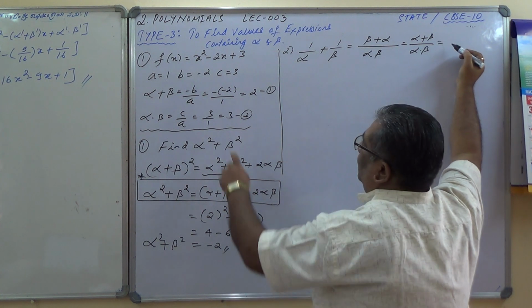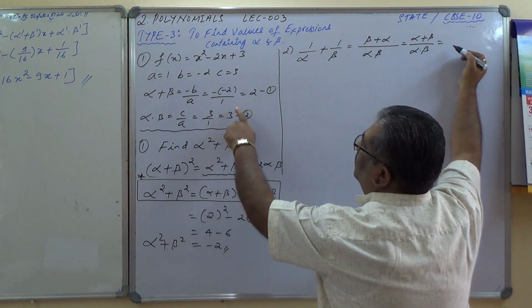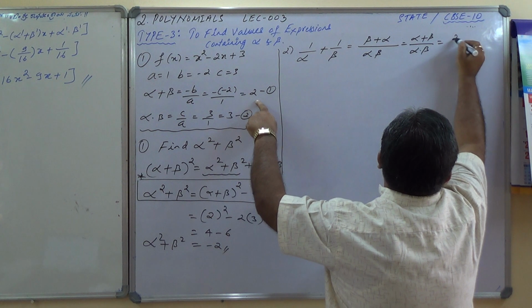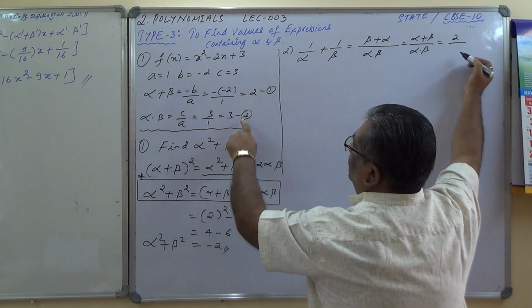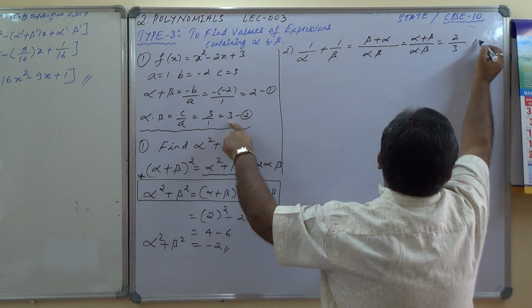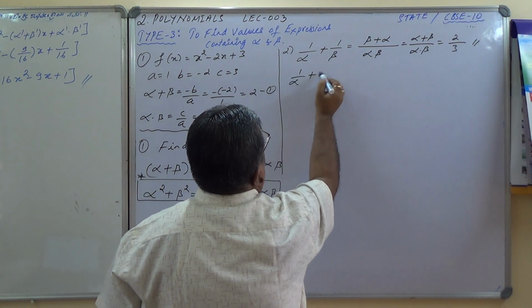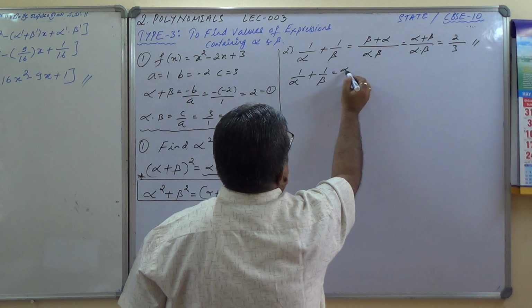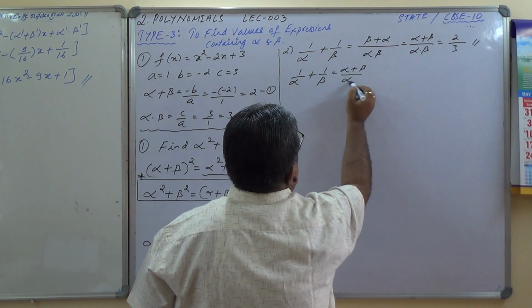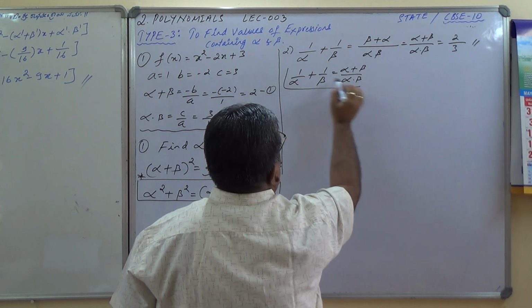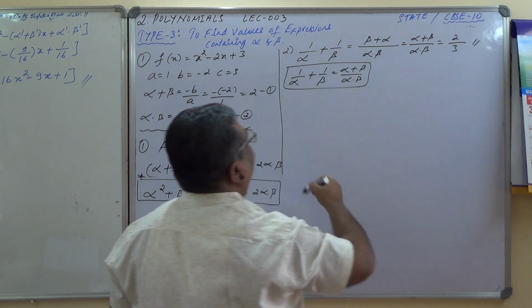And the sum of zeros is 2 here and the product of zeros is 3 here. You got it. So 1 by alpha plus 1 by beta equals alpha plus beta divided by alpha into beta. Mark this. This is what we came to know.